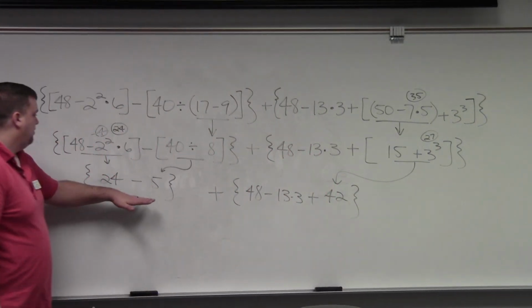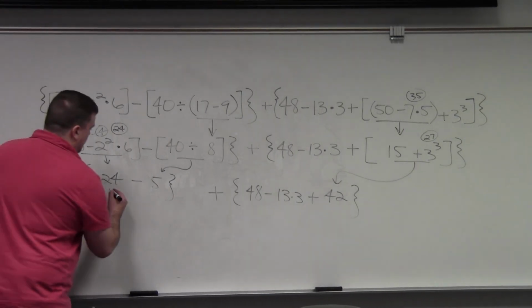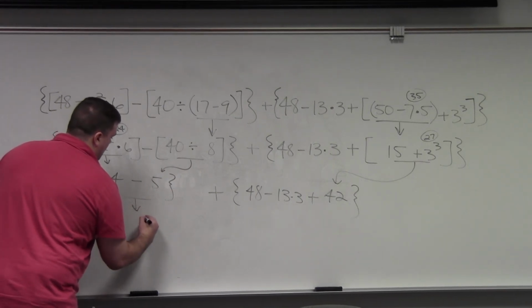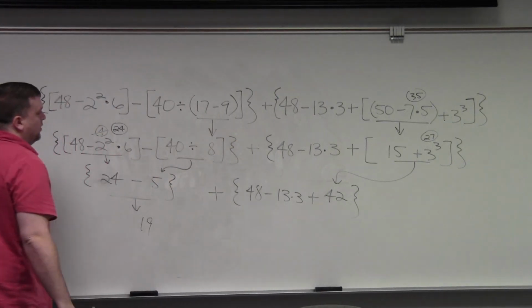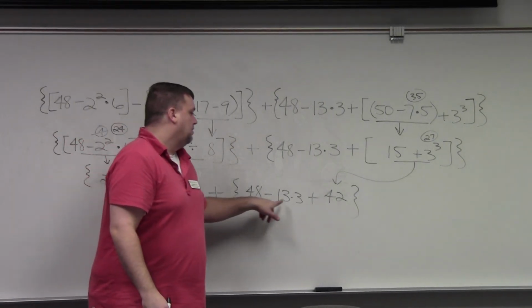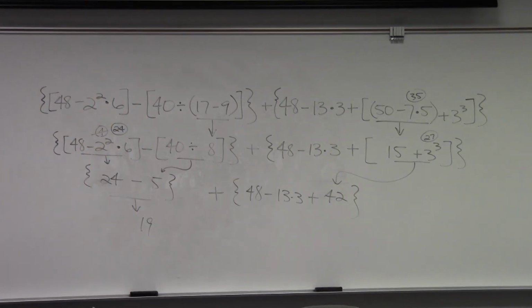All right, so let's take care of this set here. What's 24 minus 5? It's 19. So we're finished with this grouping symbol here. We're done with that one. The other one, we have some more operations here. 13 times 3.